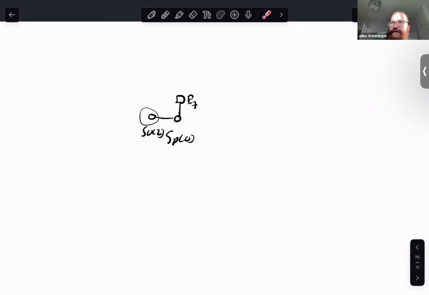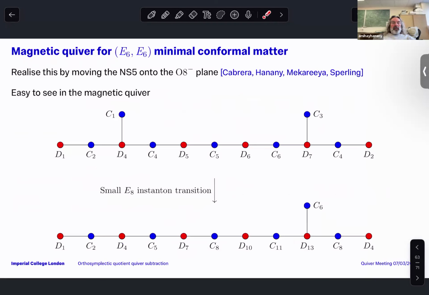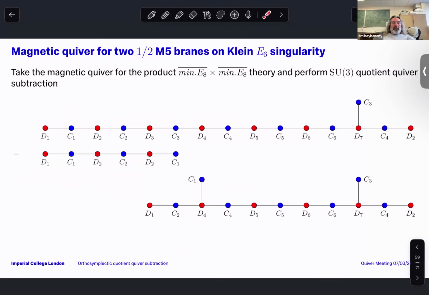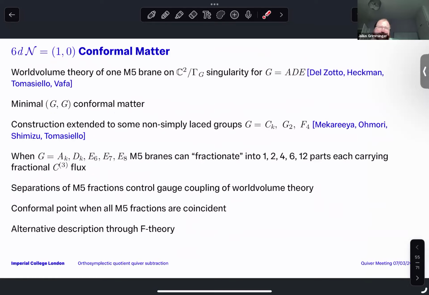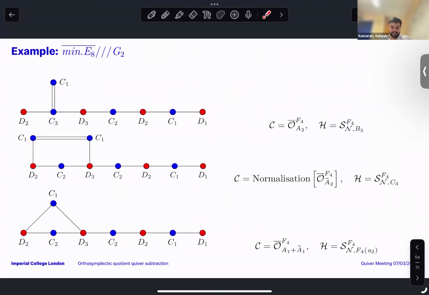Do we have more questions? One more point is this F4 case, when he was doing the G2 gauging of minimal E8. This is not 6-dimensional. Sure, yeah, these are also not 6-dimensional.